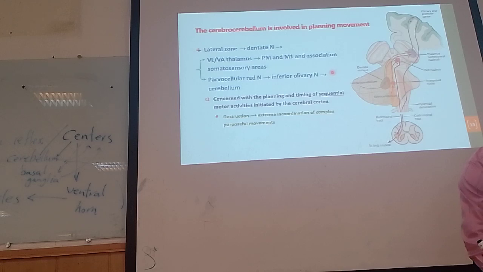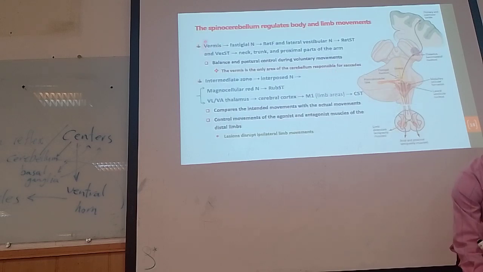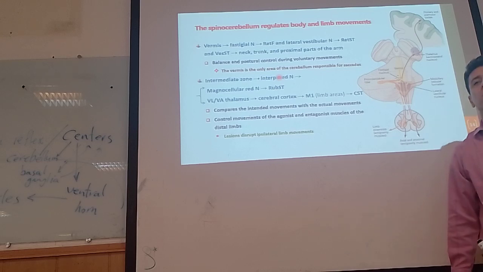So, for example, there is no connection between the vermis and the reticular formation. The connection is by way of the fastigial nucleus. Also, for the intermediate zone, the connection happens by way of the interposed nucleus. There is only one exception.